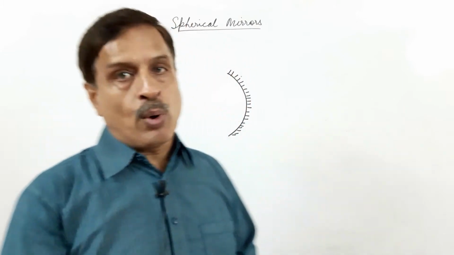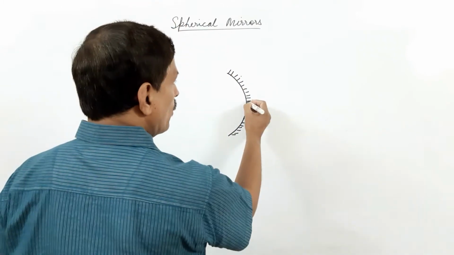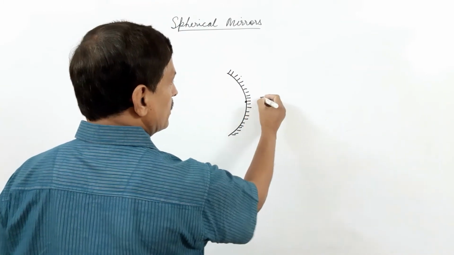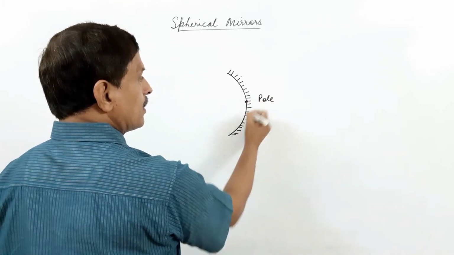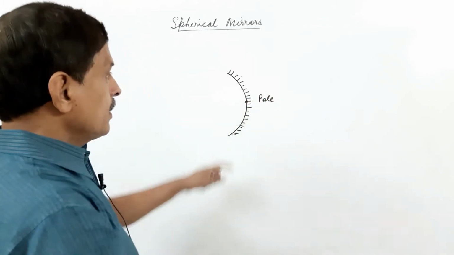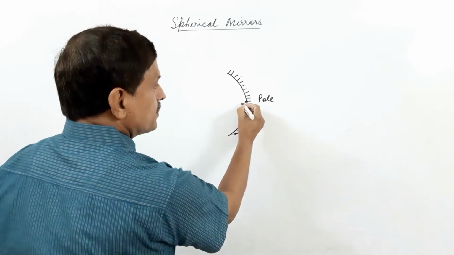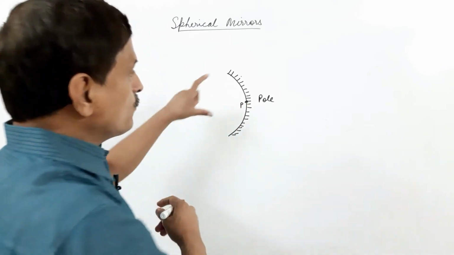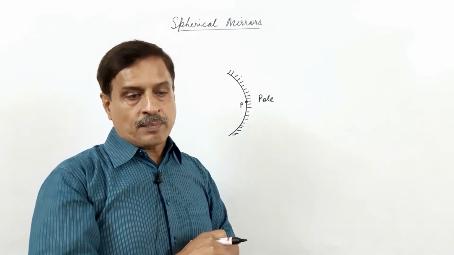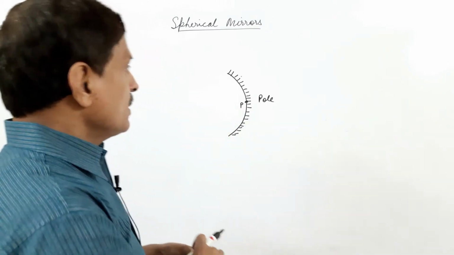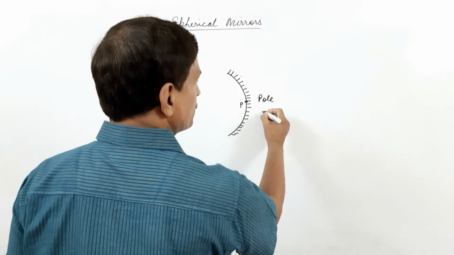First is pole. What is the pole of a mirror? This is the center of the spherical mirror. This is called the pole of the mirror. Second, center of curvature.